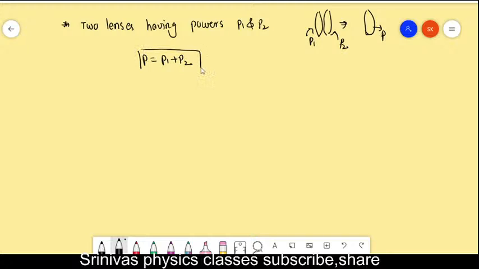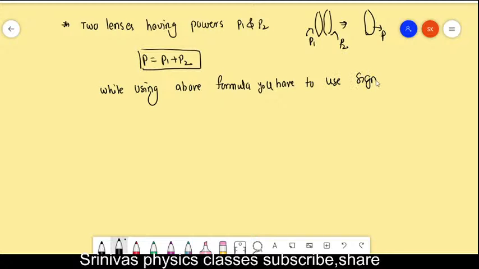But you should apply the sign convention rules while using this formula also. In the light chapter, while using any formula, either the lens formula, magnification formula or power formula, everywhere you have to use the sign convention rules.